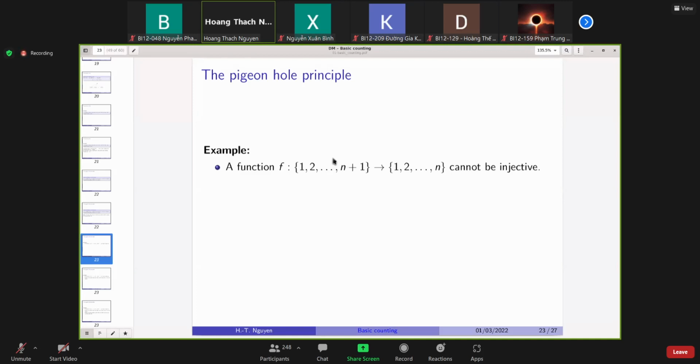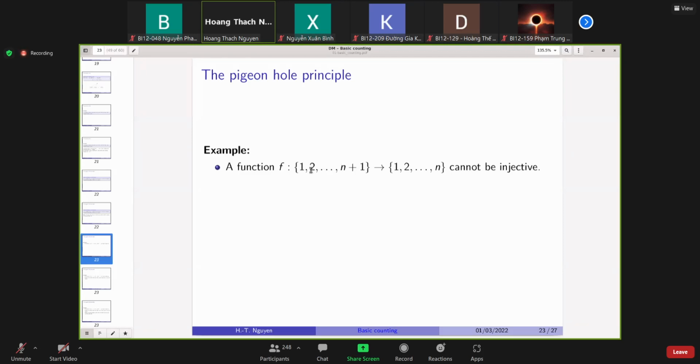You already know some functions, some more complicated functions, but here let's say that we have a discrete function. If we want to associate to each number in this set, 1, 2, etc. to n plus 1, a value from 1 to n, then you can see that this is just another way to state the pigeonhole principle.